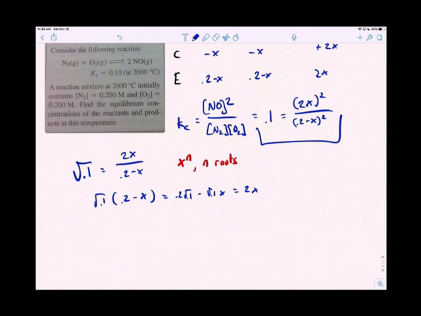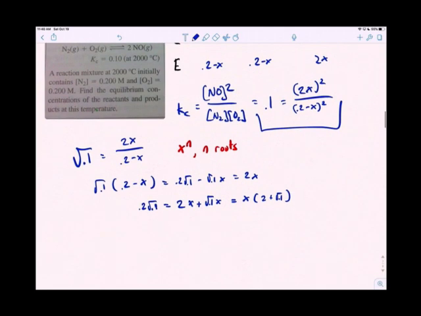Now let's add square root of 0.1 x to both sides. 0.2 square root of 0.1 equals 2x plus square root of 0.1 x, and you can pull out the x. x is going to be the quantity 2 plus the square root of 0.1, and then you solve for x.